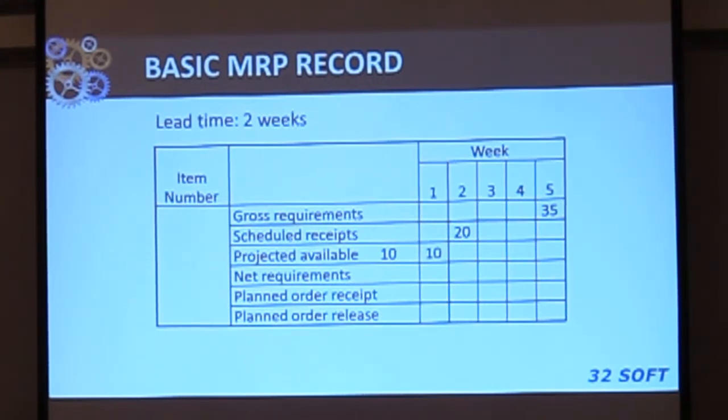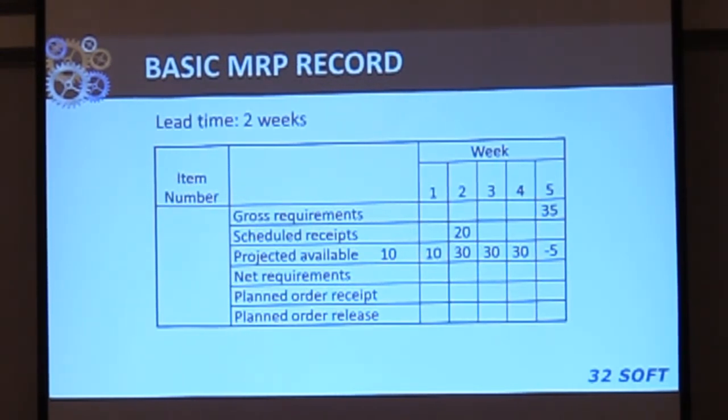So what MRP does is it goes out and it projects availability out to the 2nd, 3rd, and 4th period, down to the 5th period. The demand is 35. I've only got 30 available at the end of period 4. So I've got a negative projected quantity on hand. A negative projected quantity on hand is the same as saying I've got a net requirement.